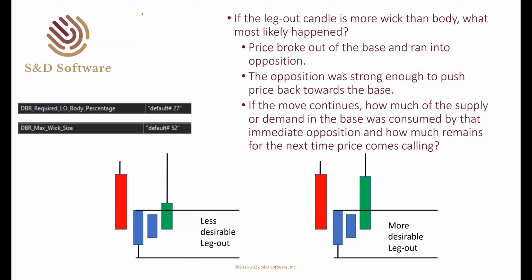We would prefer to see the second case on the right, where price broke out and made a nice significant move. And it didn't have to go back near the base to get more demand to continue moving upwards.